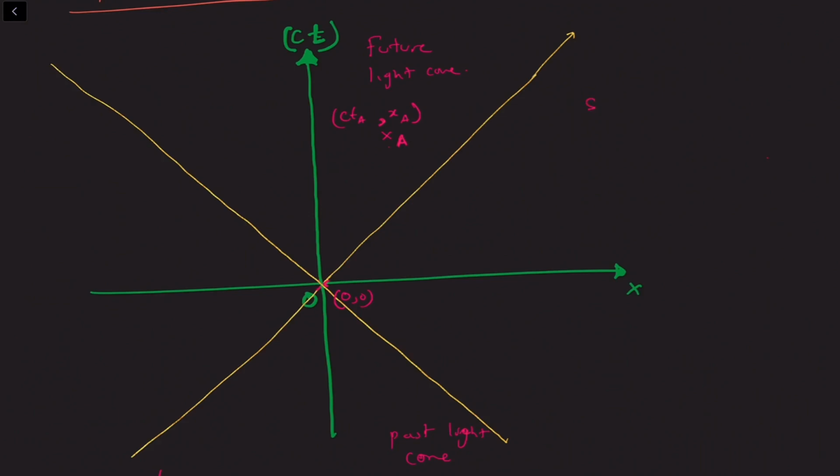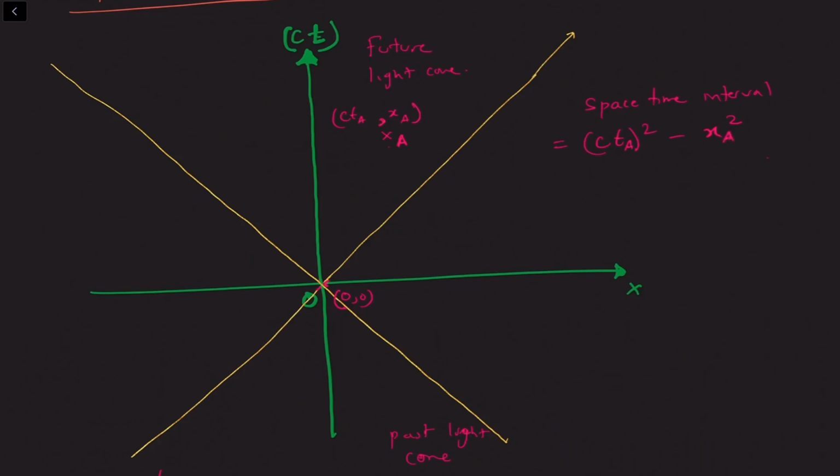And that space-time interval is just c times ta minus 0 square minus xa minus 0 square. And since the y and z coordinates are the same, we need to choose them to be the same to represent this diagram.